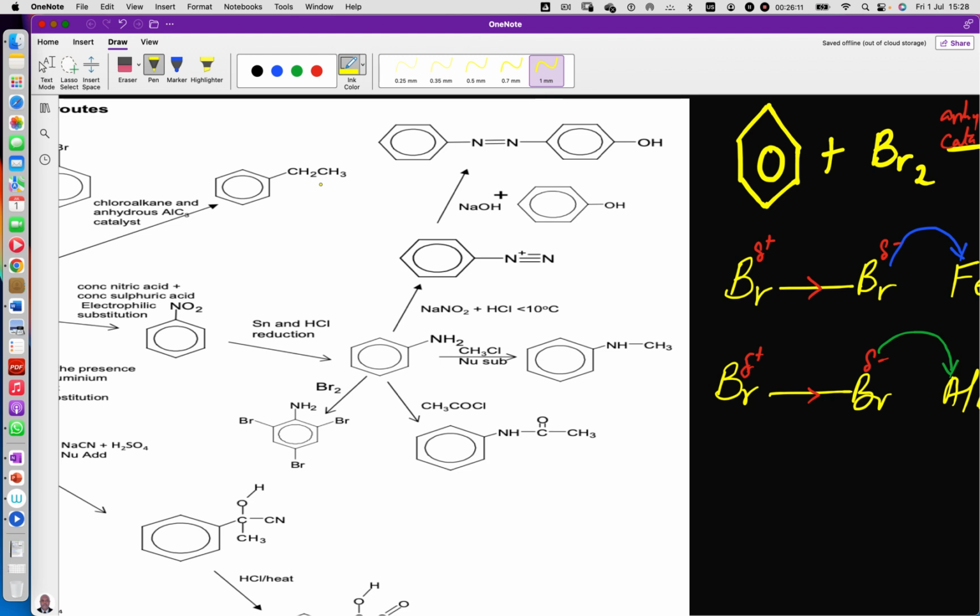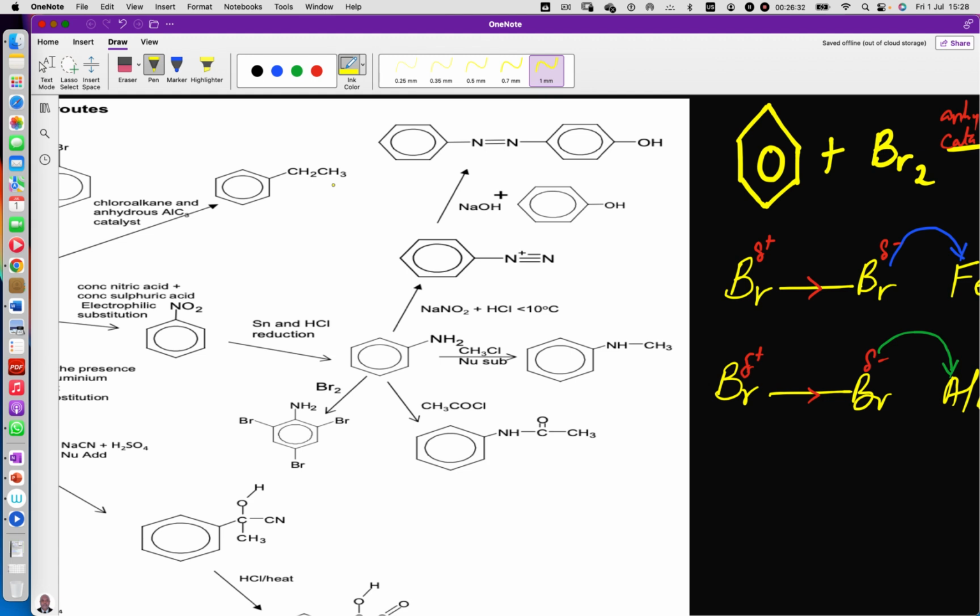The catalyst, as you have seen, is anhydrous aluminum chloride. It is aluminum chloride because we are going to use chloroethane.